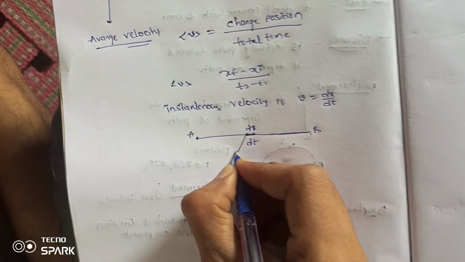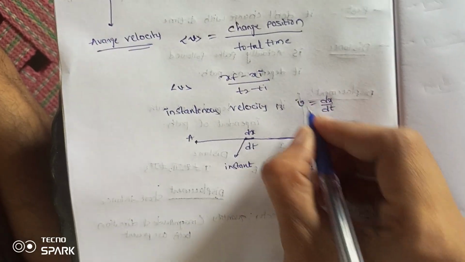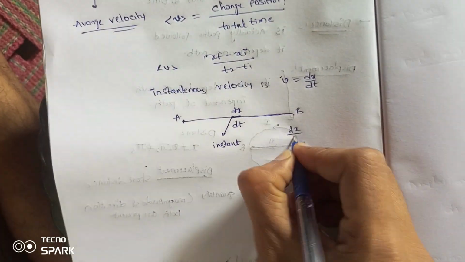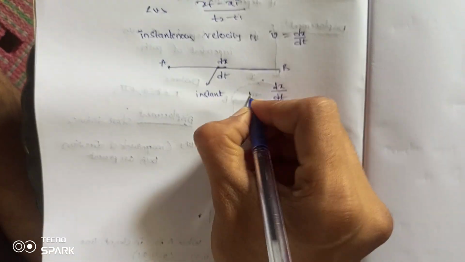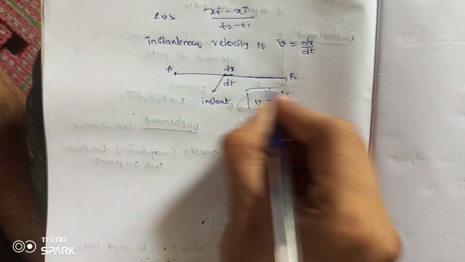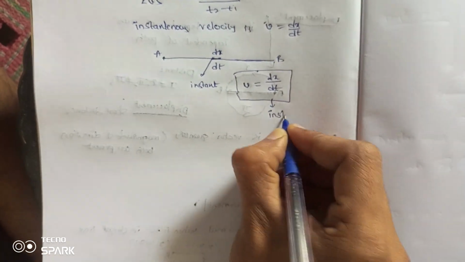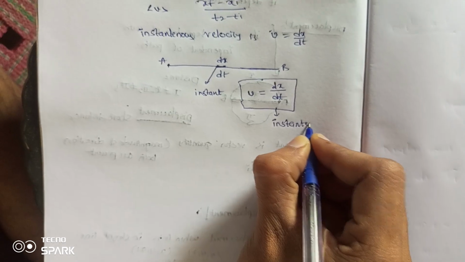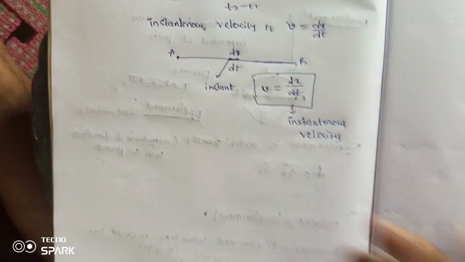Instantaneous velocity is the change in position by change in time, very small.